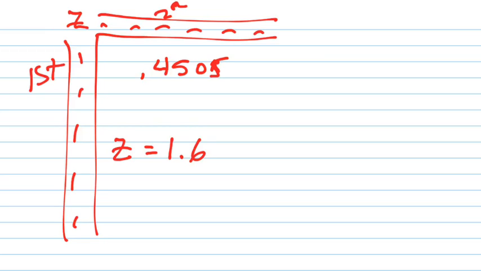But this one, we also have to read up, and it's got 5, so 1.65. Don't worry about the differences. They're not going to give you anything that doesn't fit right on the chart. They could give you weird ones with differences that you'd add, but they're not going to do that for you.